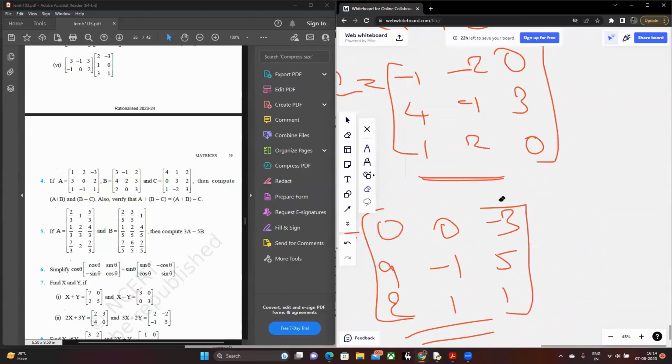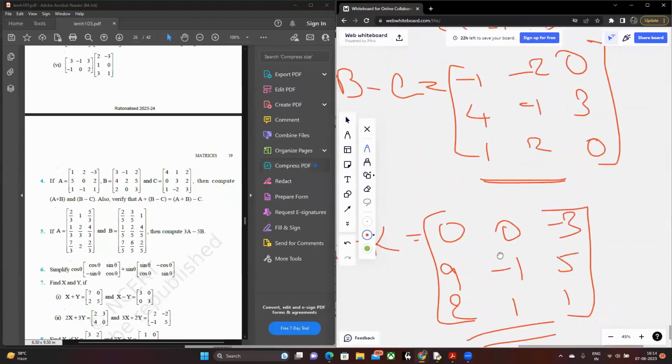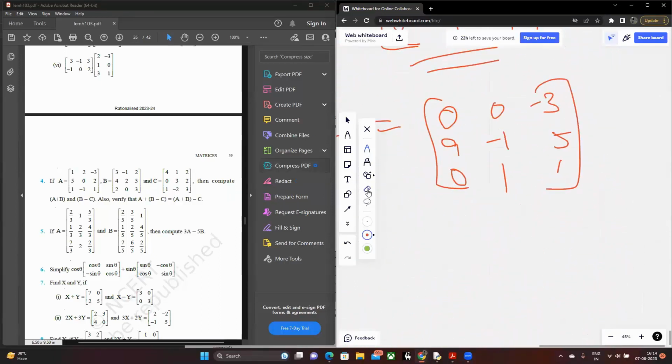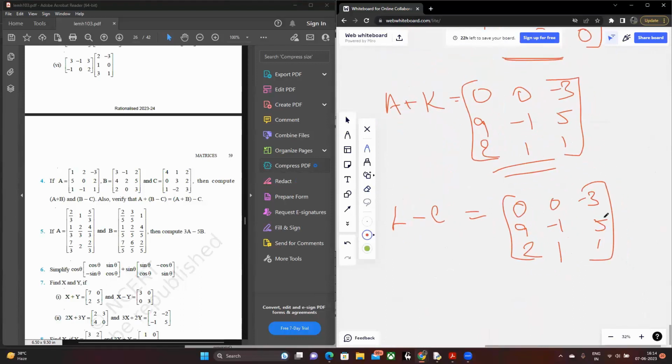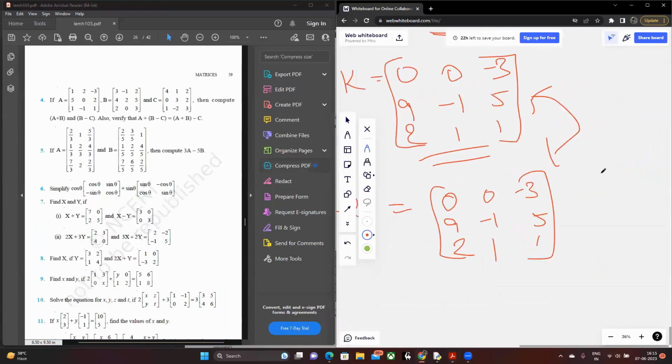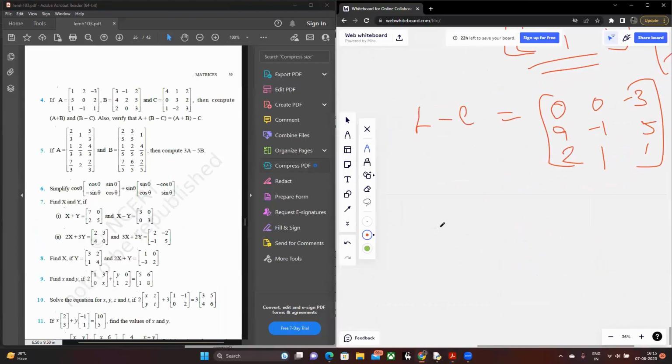And this is 1, this is 3, 3 minus 1 is not 0, it is 2, right? And so you can see that both matrices are the same. And so this is verified because A plus K is basically this, and L minus C is basically this. And LHS is equal to RHS and we have proved it. So we have verified, right?